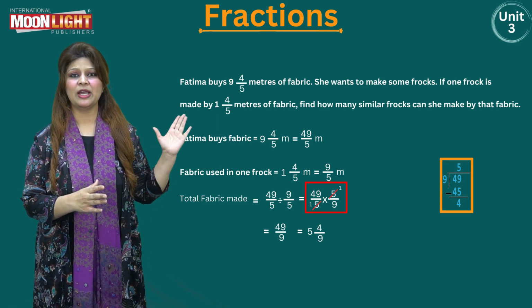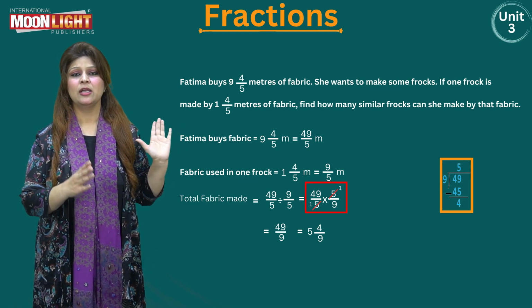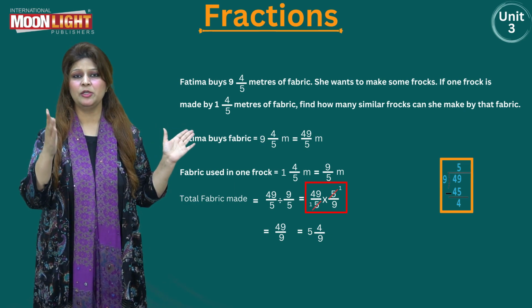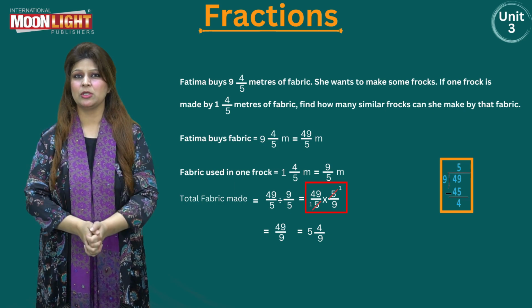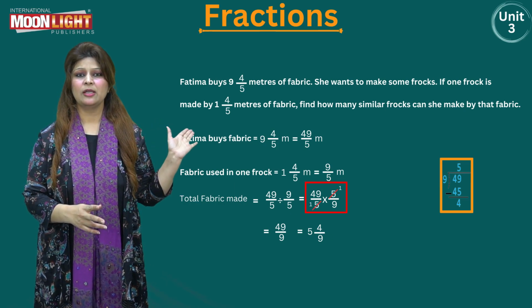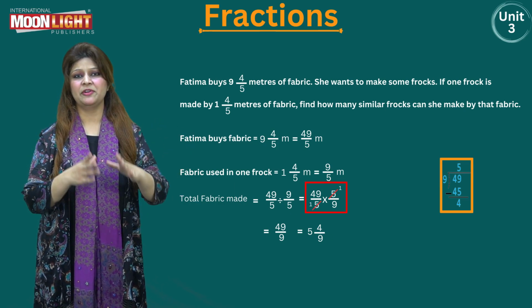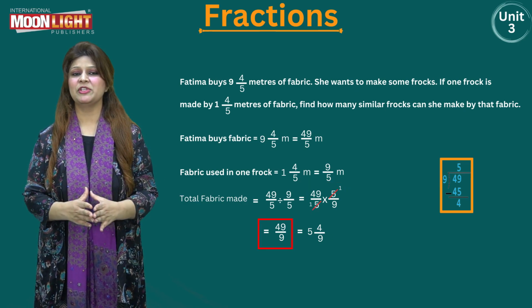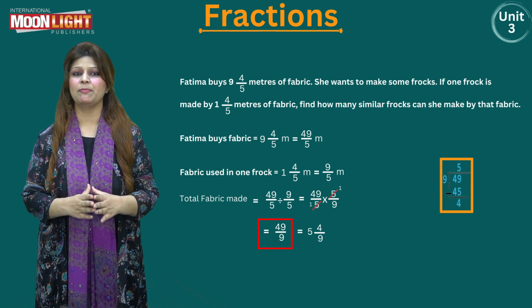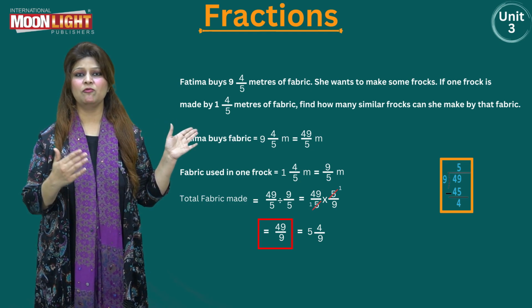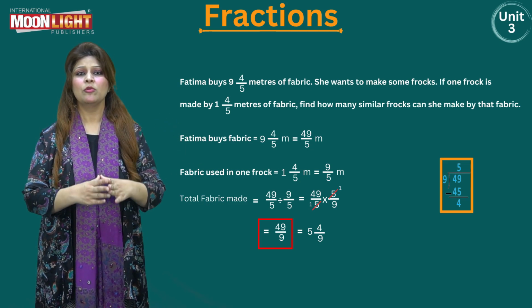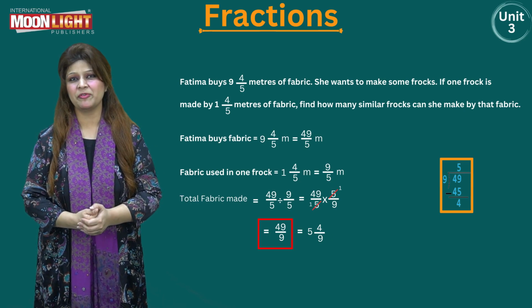Cut 5 and write 1, cut 5 and write 1. The one thing left is 49 multiplied by 1, that will be 49, and 1 multiplied by 9 is 9. 49 by 9 is my improper fraction.